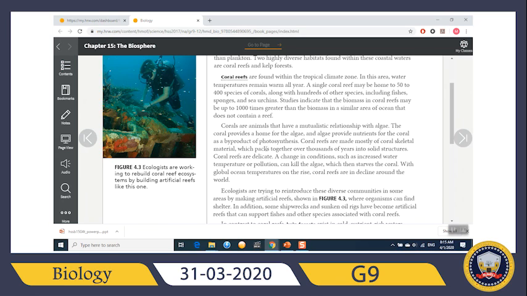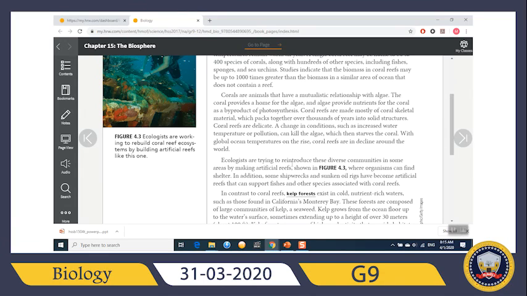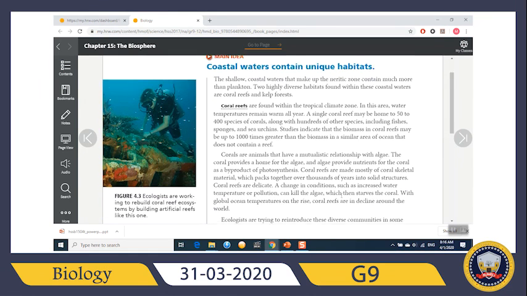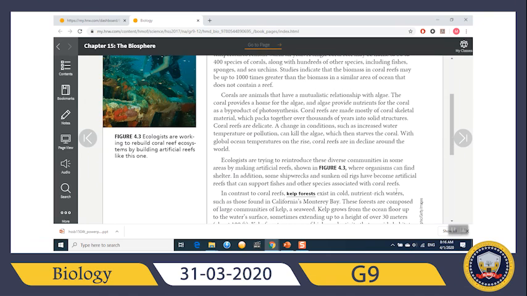As a byproduct of photosynthesis, coral reefs are made mostly of coral skeletal material, which packs together over thousands of years into solid structures. Now, ecologists are trying to reintroduce these diverse communities in some areas by making artificial reefs, as in this figure. These are very healthy for the marine ecosystem, where organisms can find shelter.